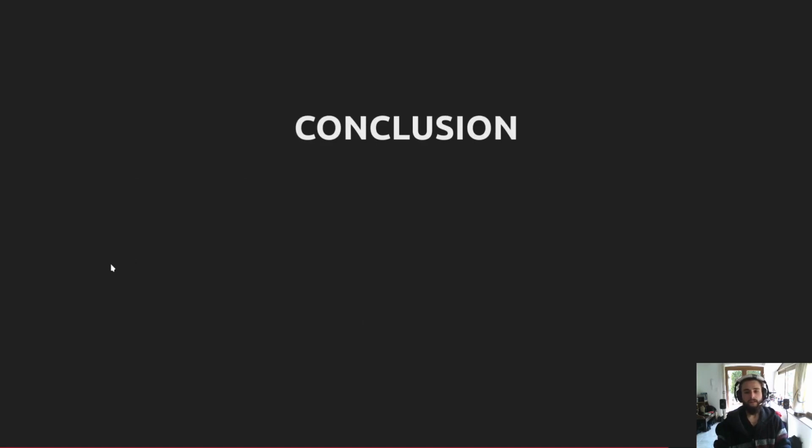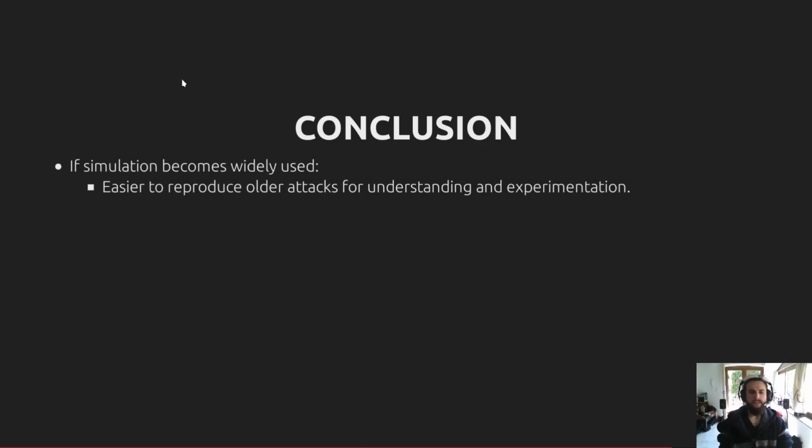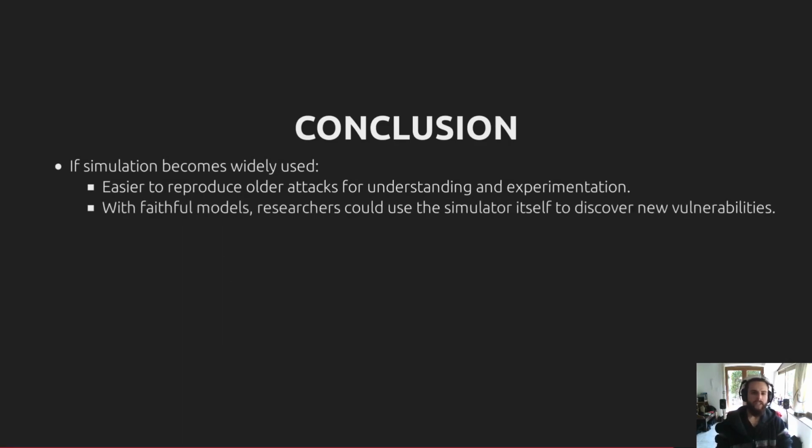So let's conclude about our work. If simulation becomes widely used, it would be much easier to reproduce older attacks, to better understand and experiment with them. And with faithful models, which is a very complicated challenge, of course, researchers could use the simulator itself to discover new vulnerabilities, which is maybe the most interesting goal of this kind of work.